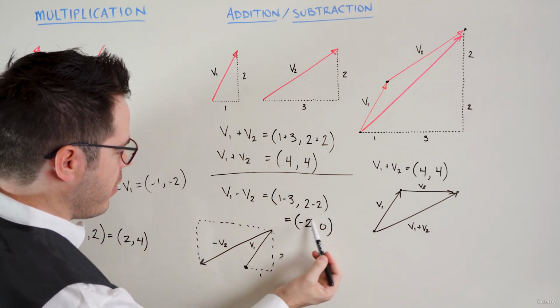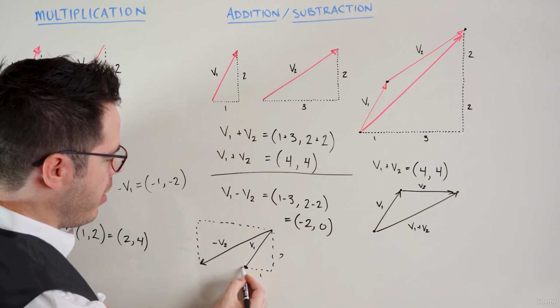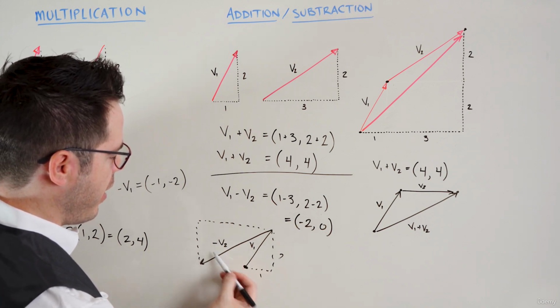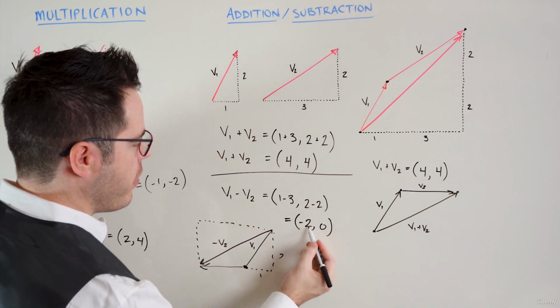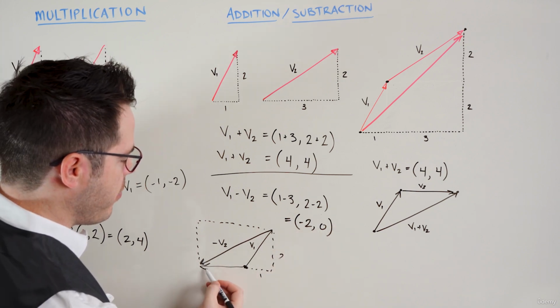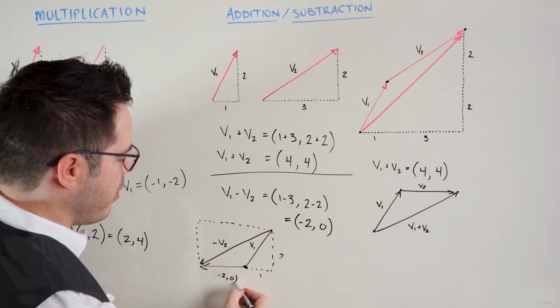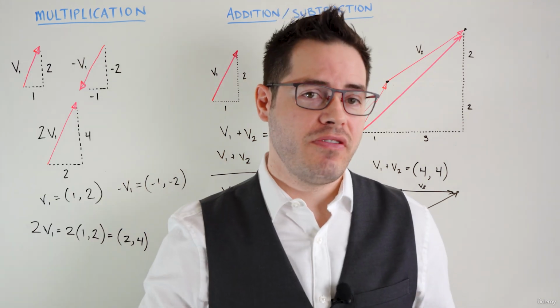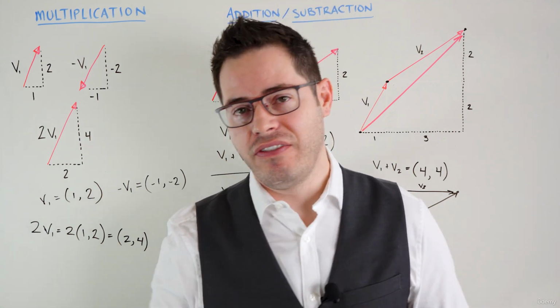That gives us this vector. If we draw it such that its tail is at the tail of v1 and its head is at the head of negative v2, we get this vector. Well, this is the vector negative 2, 0. To get from its tail to its head, we have to go negative 2 in the x and 0 in the y. So subtracting one vector from another is really an addition problem if we add the negative vector.